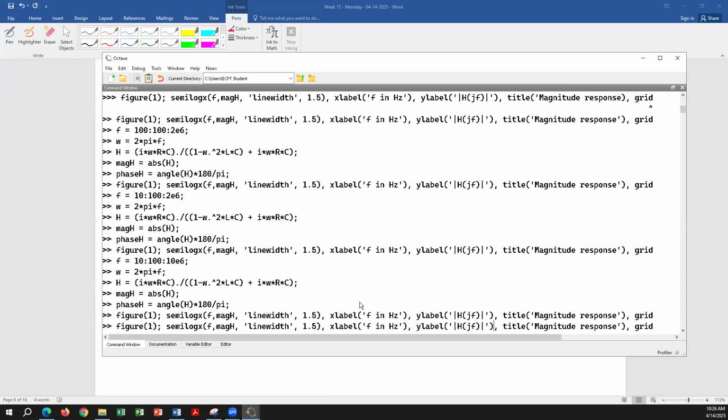Figure 2. Semilogx, F, phase of H, angle, phase response.